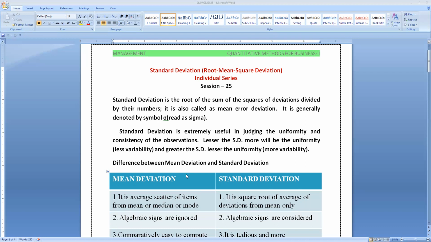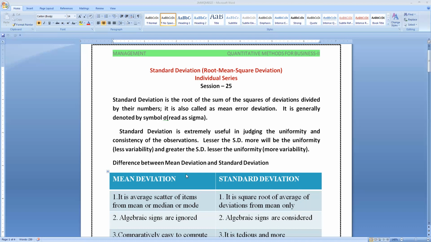It is generally denoted by the symbol sigma. So standard deviation is nothing but the root of the sum of the squares of the deviations divided by their number. It is also called the root mean square deviation, and it is generally denoted by the symbol sigma.